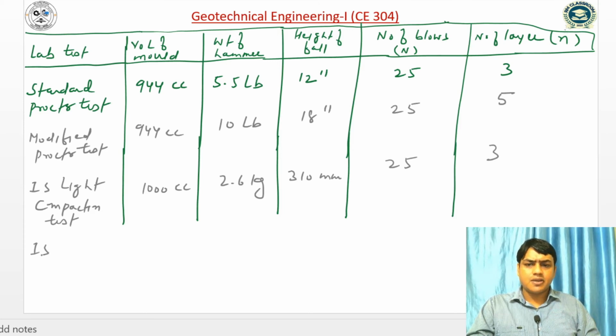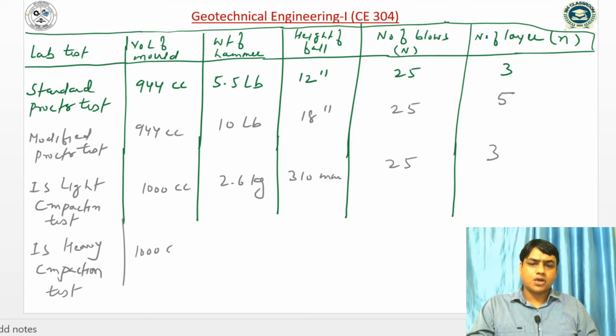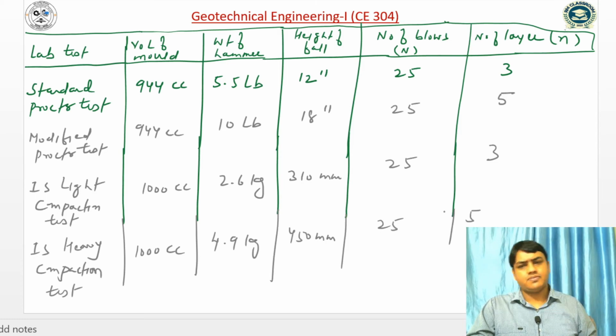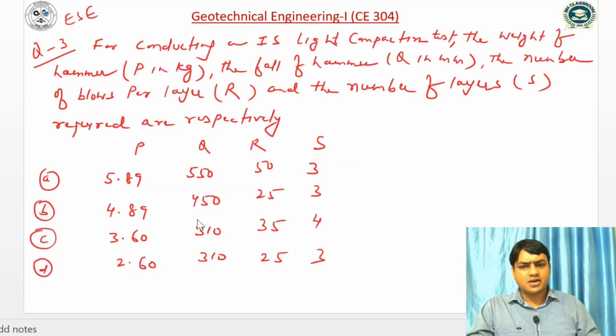Similarly, the Indian standard heavy compaction test: the volume is 1000 cc, the weight of hammer is 4.9 kg, height of fall is 450 mm, the number of blows is 25 and the number of layers is 5. So we can see that for Indian standard light, option D is correct.